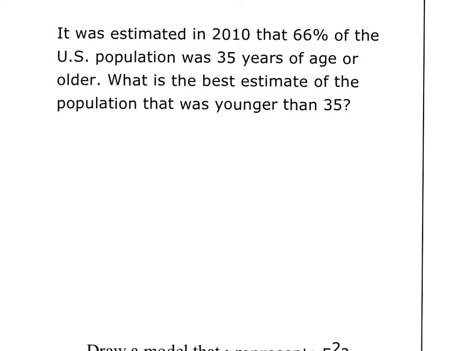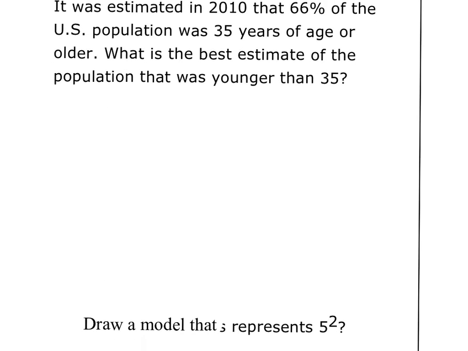Next. It was estimated in 2010 that 66% of the U.S. population was 35 years of age or older. What is the best estimate of the population that was younger than 35? Well, how would we figure that out? 100 minus 66.